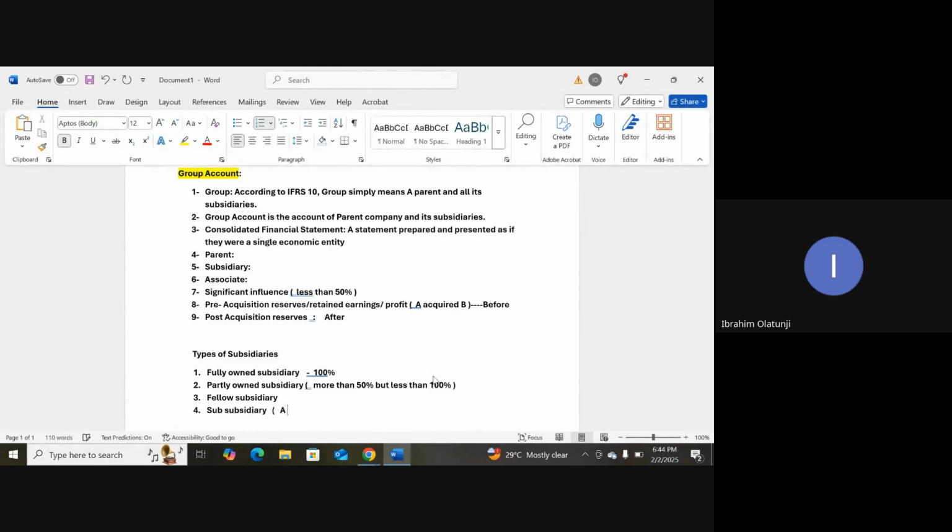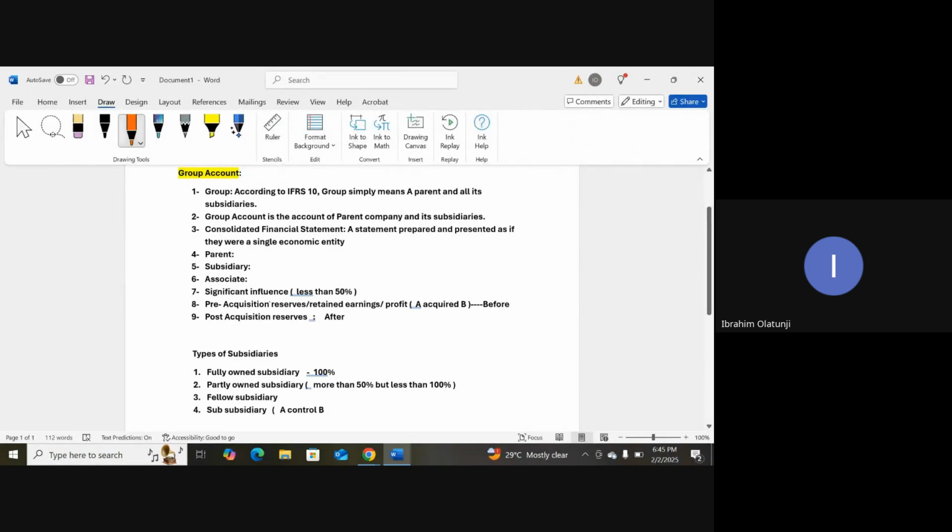If company A controls company B, and this B that you see here now controls C, we call it what?